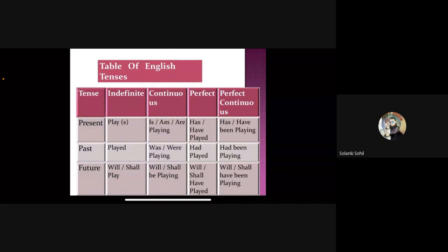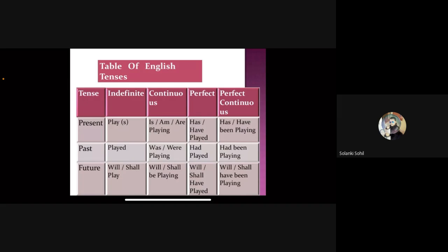Table of English tenses. Tense, present, indefinite, play in brackets. Continuous is, am, are playing. Perfect has, have played. Perfect continuous has been, have been playing. Past: played.